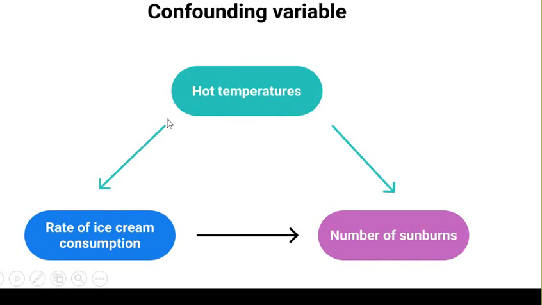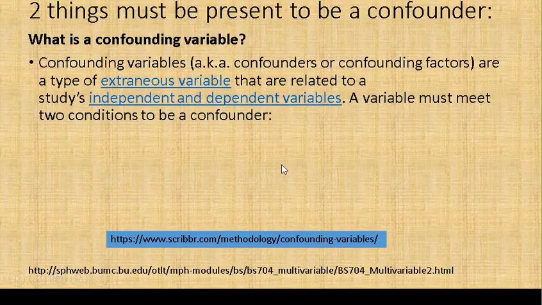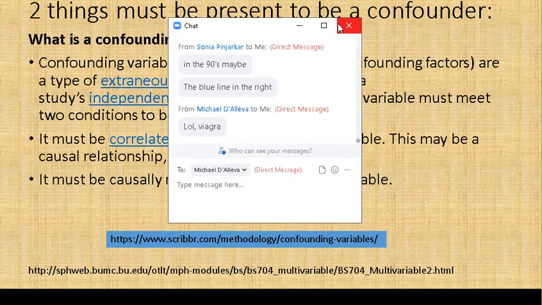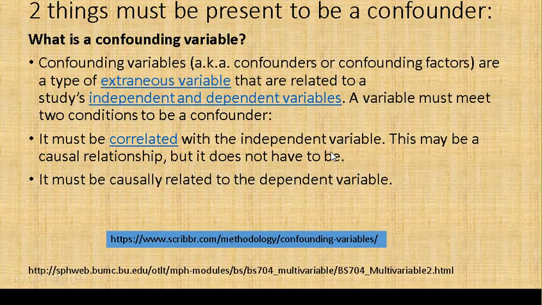But this is associated with both. To be a confounding variable, you have to have something that's correlated with both the independent variable and the dependent variable, but it has to be causally related to the dependent variable. So, all right.